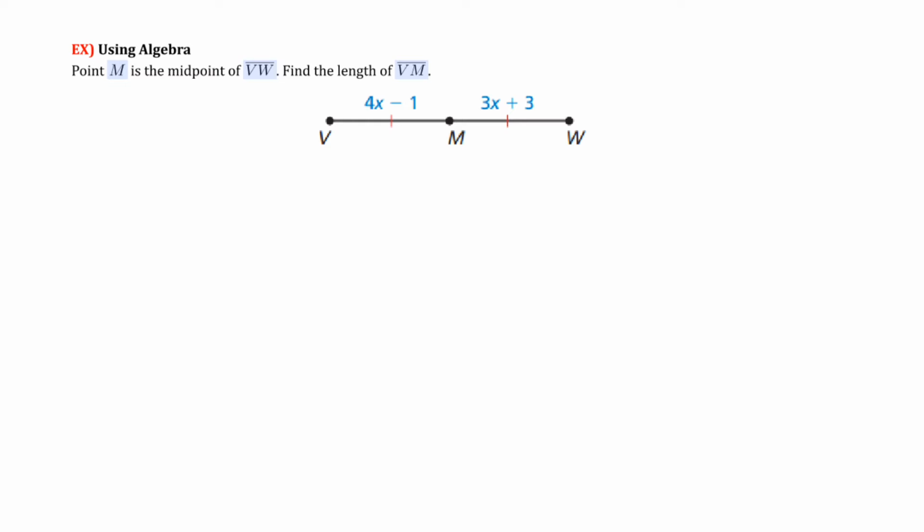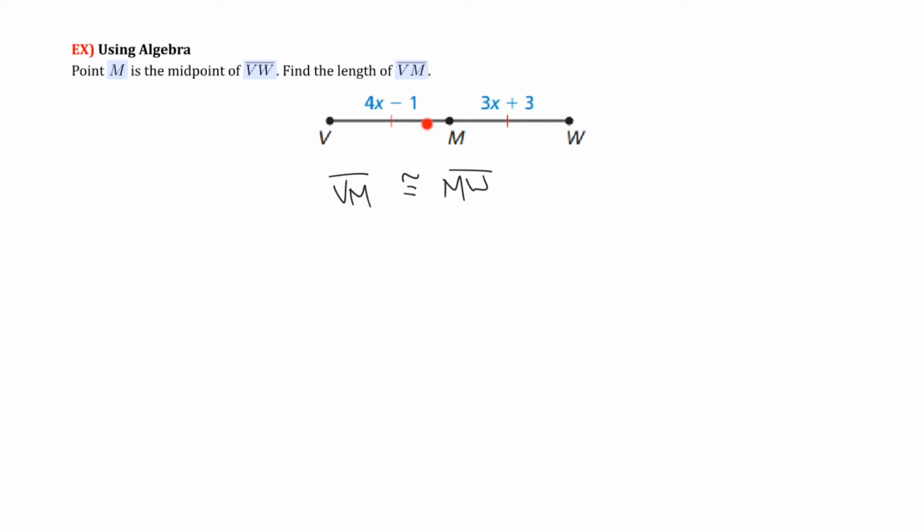Now, this one is a little bit different because we don't necessarily need the entire length of the segment. So we're not going to use the segment addition postulate here. Instead, we are going to use the fact that VM is congruent to MW. In other words, the lengths of these two segments are equal.